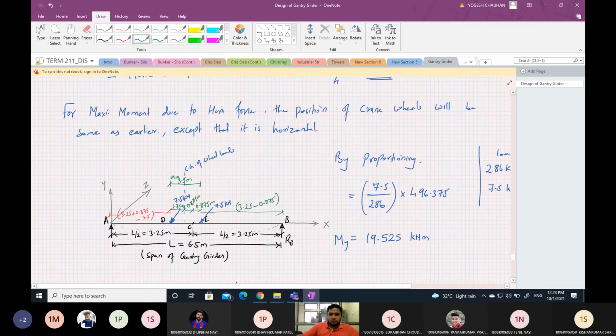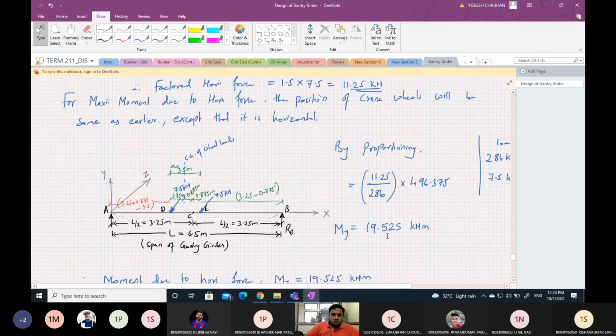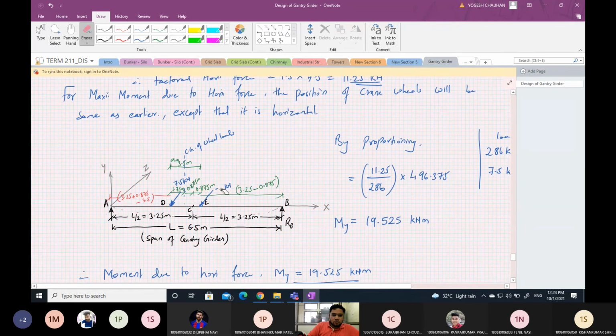This is not 7.5, we have to use the factored value. Therefore the factored horizontal force will be 1.5 times 7.5, that is 11.25 kilonewton. So this will be 11.25, this will be 11.25.